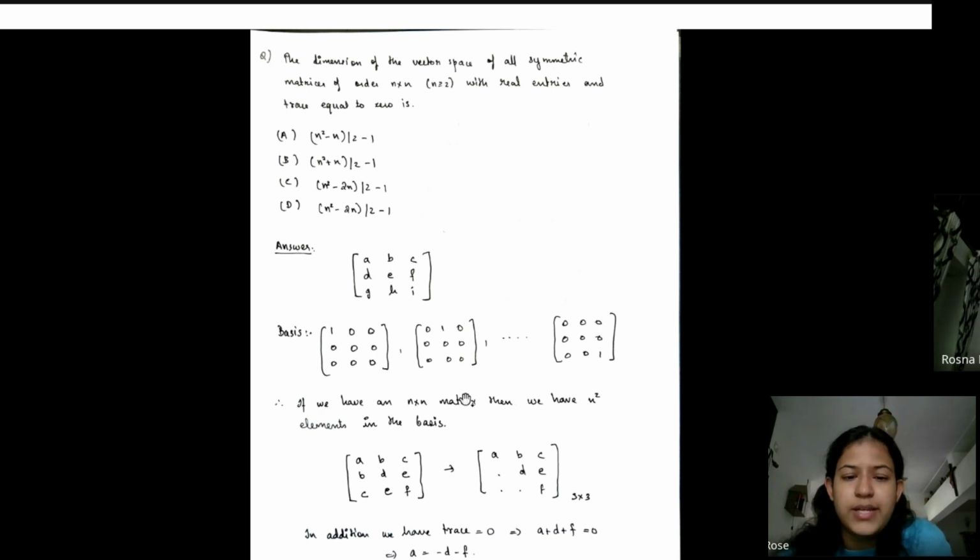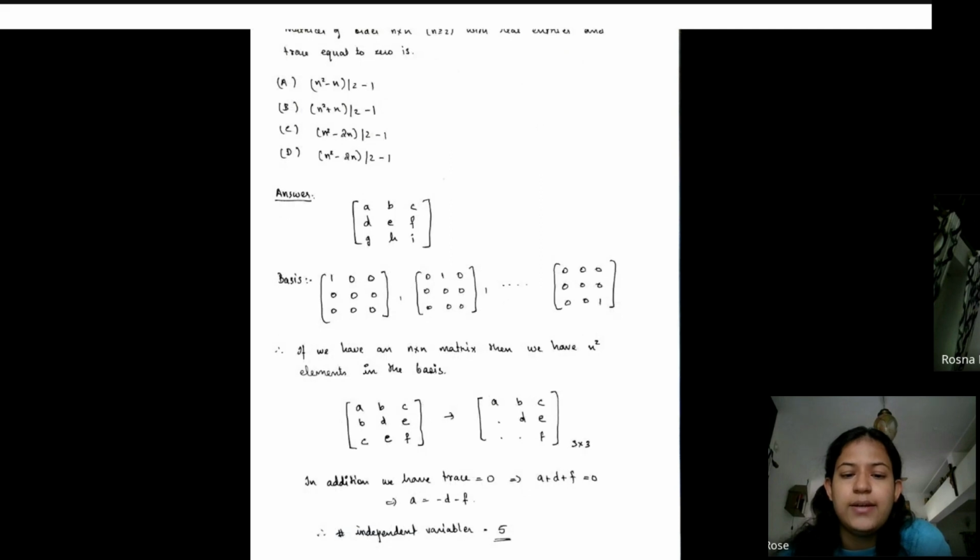But when you are considering symmetric matrices, here you can see that the second entry is the same as that one and so on. So you only have to consider the elements of this part. For example, in a 3 by 3 matrix, you only have to consider 3 plus 2 plus 1 elements, which is the sum of the numbers up to 3. And here there is an additional condition that the trace is equal to 0.